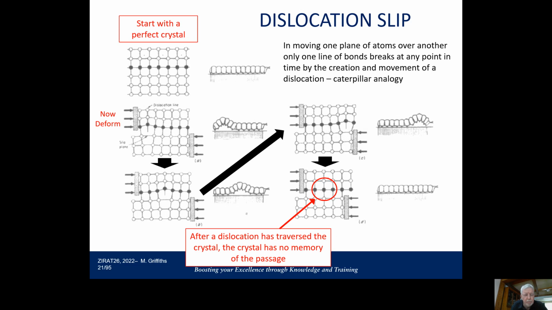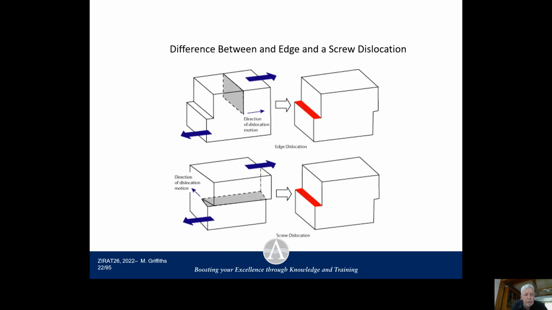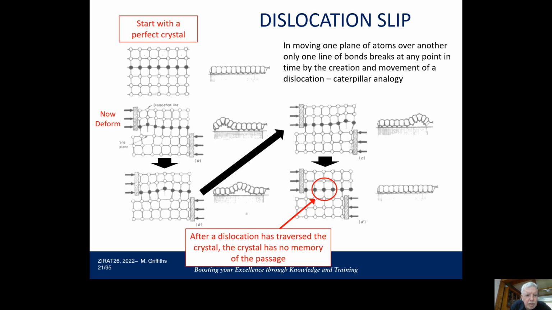So it's important to know that. So again, keeping it with this idealized sequence, there are two ways in which you can create this shear that we just talked about. This is an edge dislocation, what I've described here.